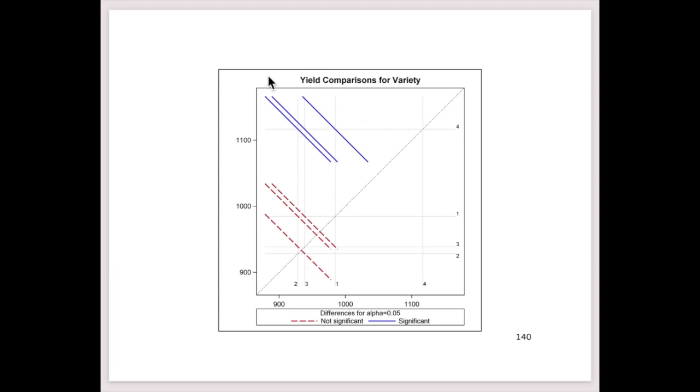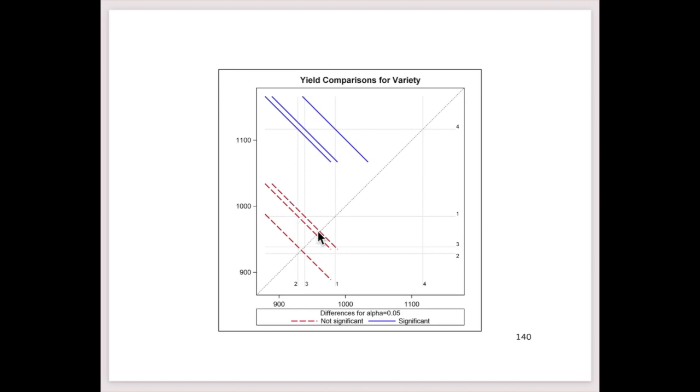When you see these blue lines, that's an easy way to see, because with a lot of comparisons this gets really busy, and color coding helps us see which population means are different from each other. So this tells us that means 4 and 2, 4 and 3, and 4 and 1 are different. So mu4 is different than mu2, mu3, and mu1.